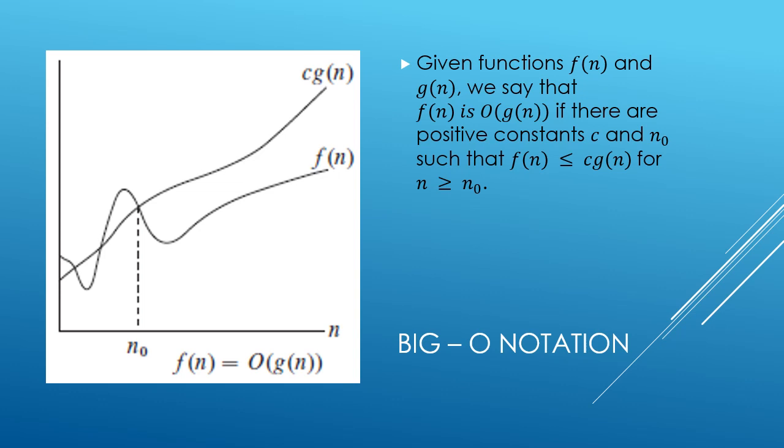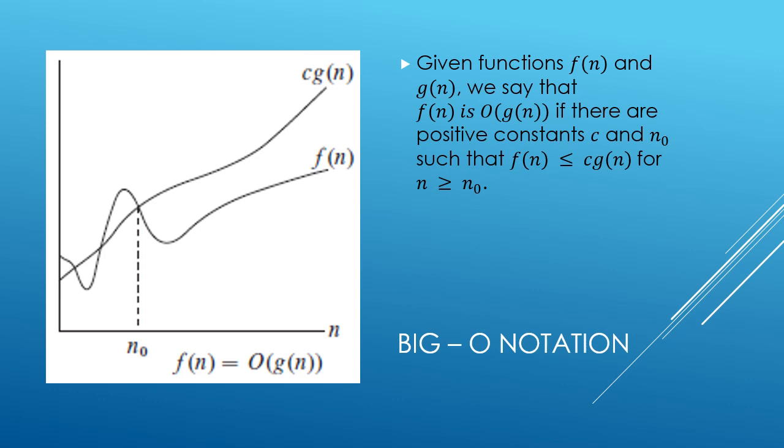As you can see, when we start from very small values of n, f(n) has a higher value than c times g(n). Then it takes a dip and goes down, and then it goes high again. But there is a point on the x-axis marked as n naught, after which the value of f(n) is always smaller than the value of c g(n).